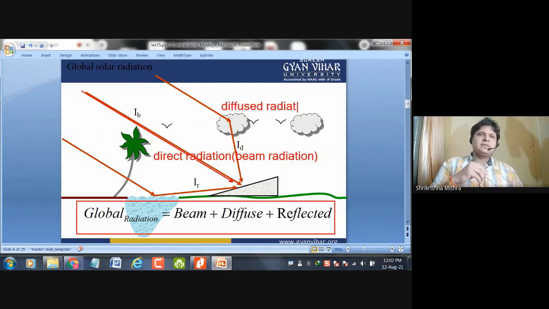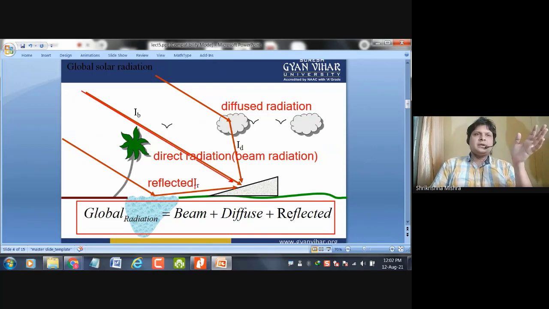All right, don't get confused. This is your diffused radiation, and the third one which is getting inside your homes, we can say, through the reflection by the Earth's surface, is the reflected radiation.